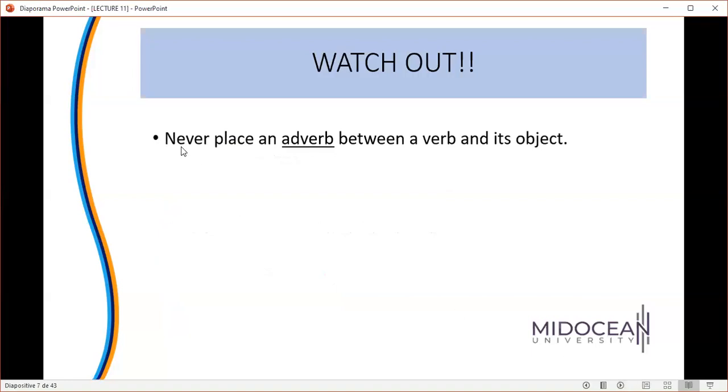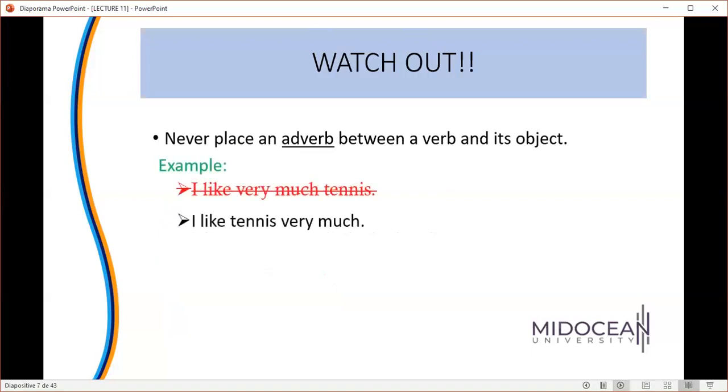Watch out. Never place an adverb between a verb and its object. For example, don't say, I like very much tennis, but you say, I like tennis very much. Okay.